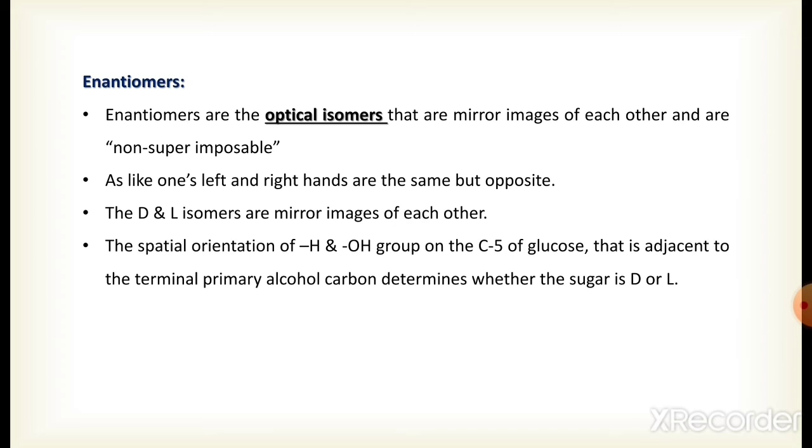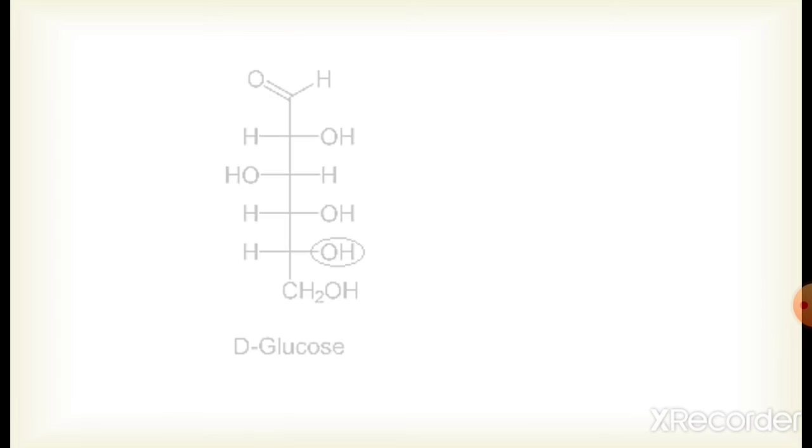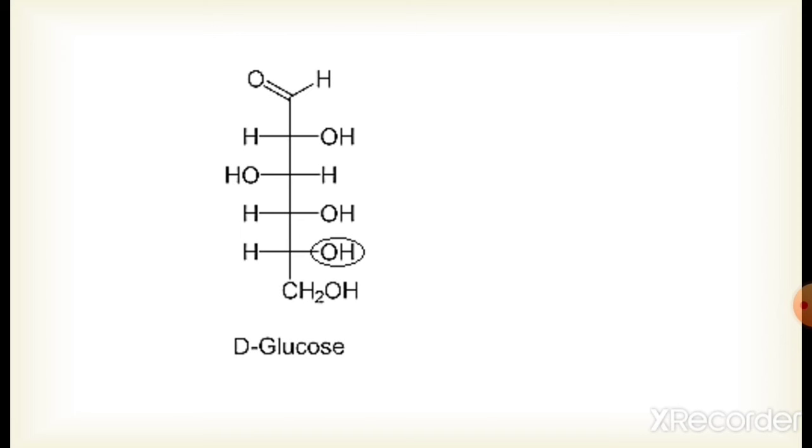So carbon number 5 is chosen for the determination of D and L form or enantiomers. Majority of monosaccharides found in human body are D type.